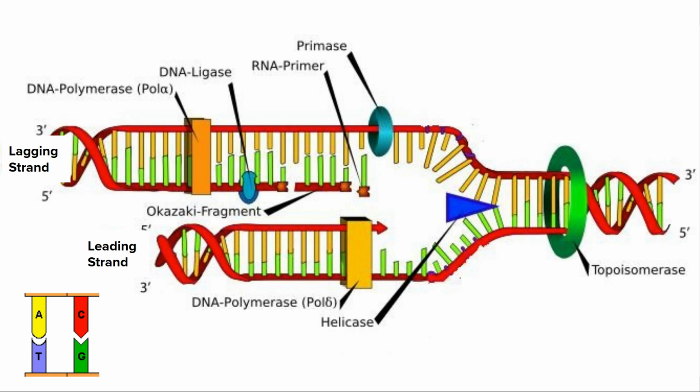Because it's going to work in these chunks or segments, it leaves behind what we call Okazaki fragments. Those are named after the doctor who was studying them, and they show that the DNA polymerase has done its job, but it's leaving these chunks. Because as it reaches the material that already has had nucleotides added to it, it falls off.